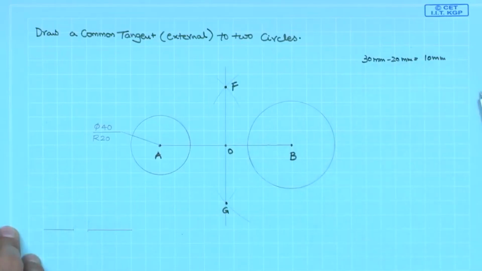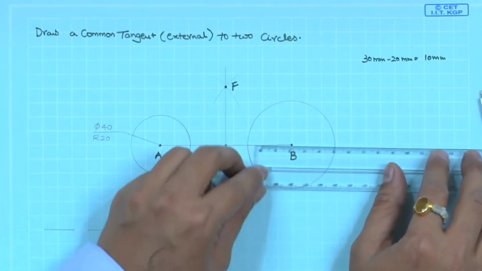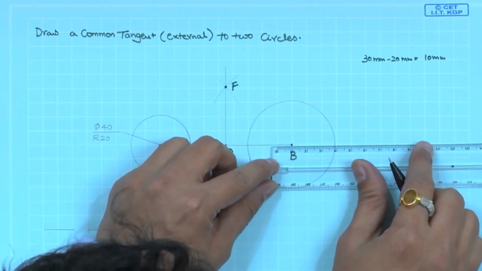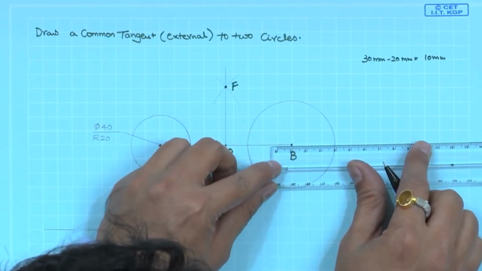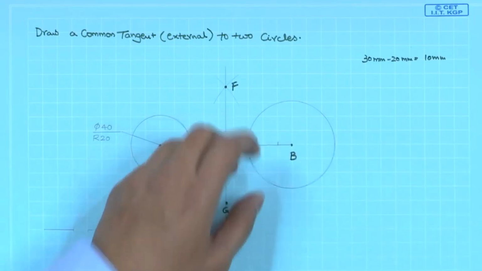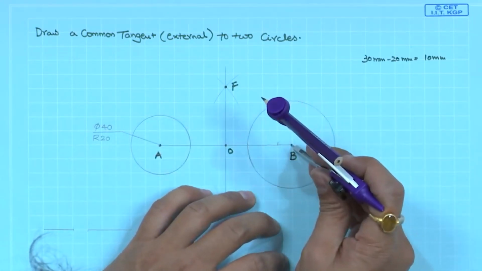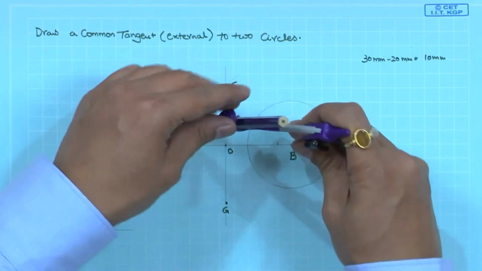With that radius, let us draw a circle from center B. So, 10 mm, let us mark it from here for the geometric construction.